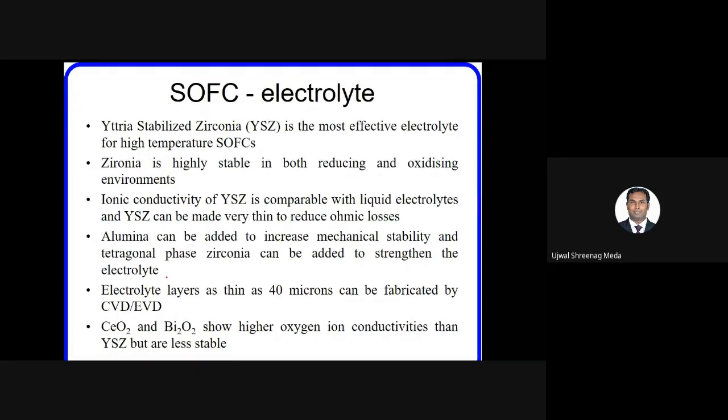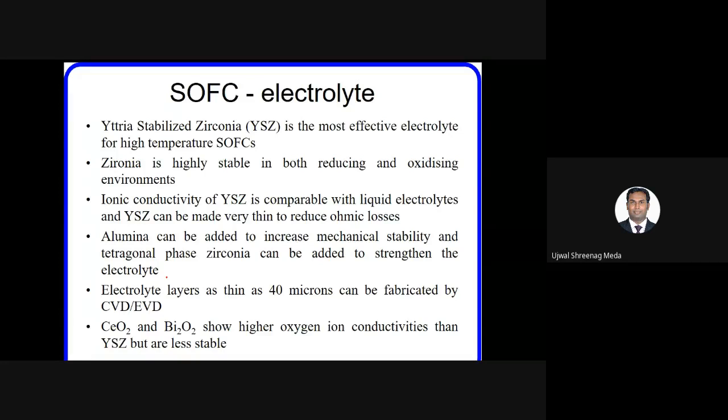So what are these ohmic losses? We are going to discuss this in detail in unit 3, but for your information, ohmic losses are losses because of the resistance offered by the material to the flow of electrons and ions. Here the thickness of the electrode as well as the thickness of the electrolyte plays a major role.